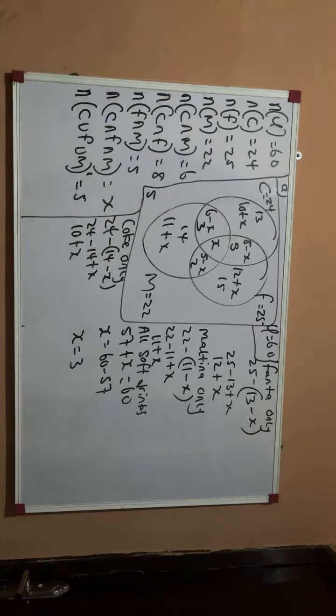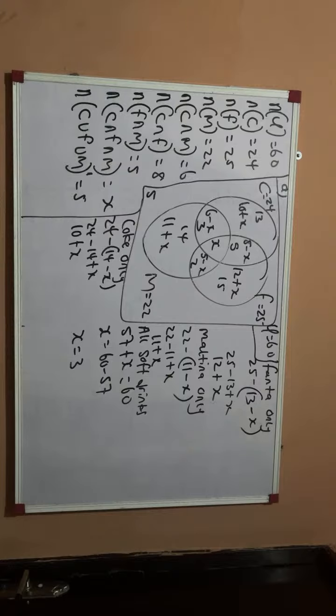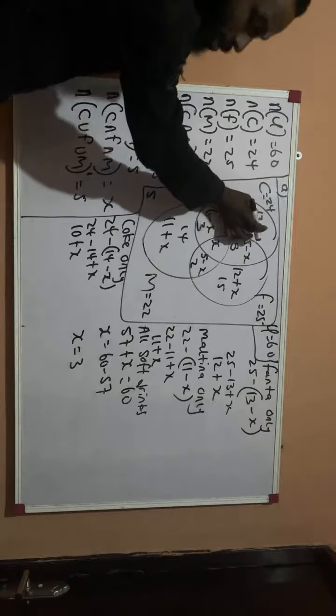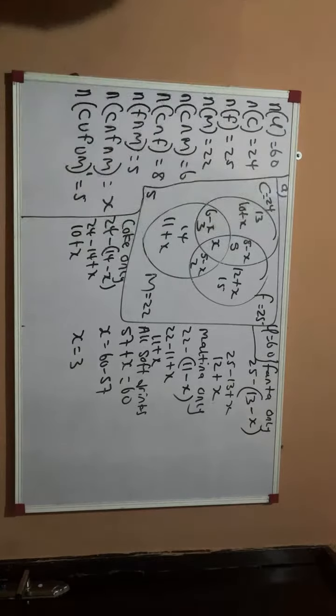So automatically, the next question says, how many drank Coca-Cola only? Now you see, from this point, you can see exactly those that drank Coca-Cola only, because I explained from the beginning of the class that those that drank Coca-Cola only is different from those that drank Coca-Cola. Now, without wasting time, Coca-Cola only becomes 13, because 24 is Coca-Cola, but 13 is Coca-Cola only.